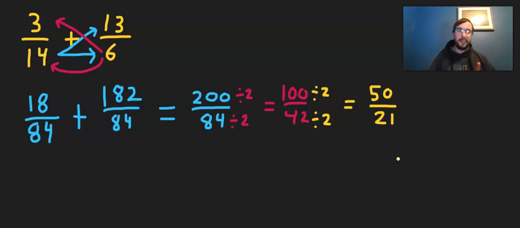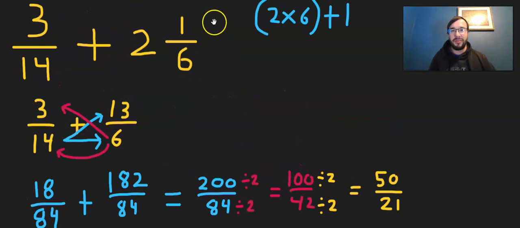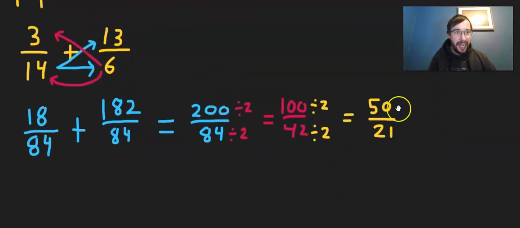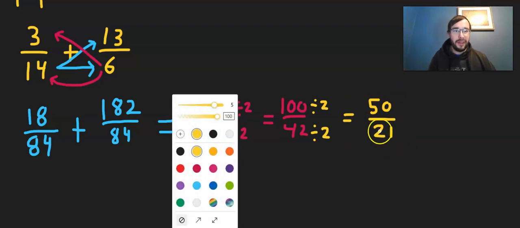However, one thing to note, since the problem was given to us as a mixed number, or if there's mixed numbers in the original problem, I'm just going to go back up so you can see the original problem. It was 2 and 1/6 at the start of the problem. We have to turn this back into a mixed number. So how many groups of 21 can we get out of 50?